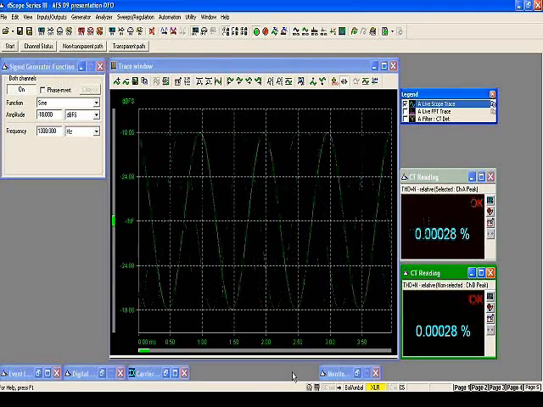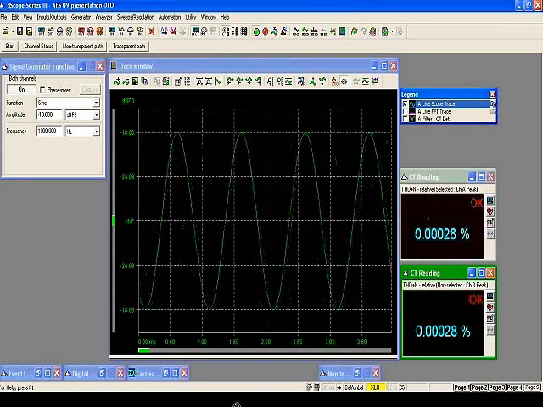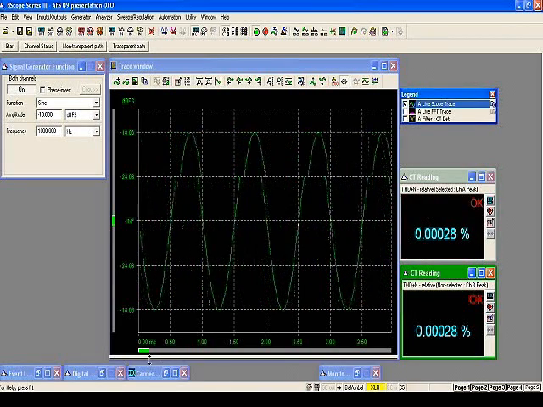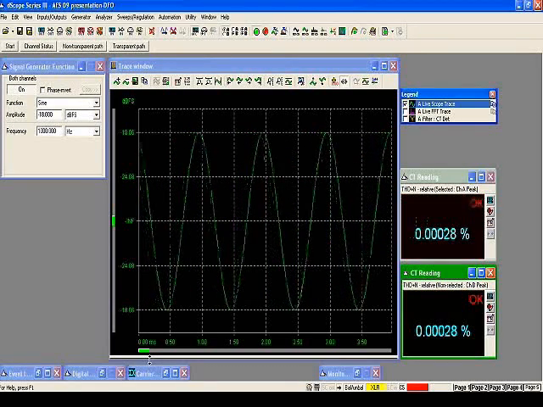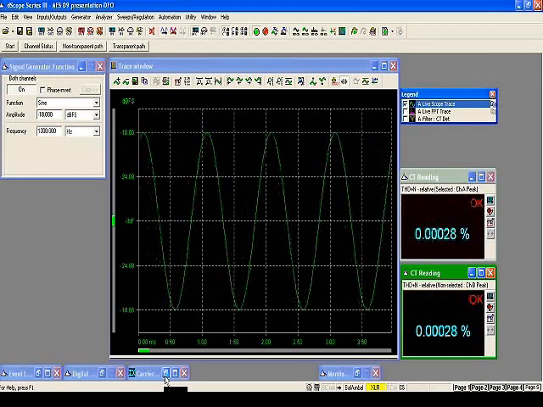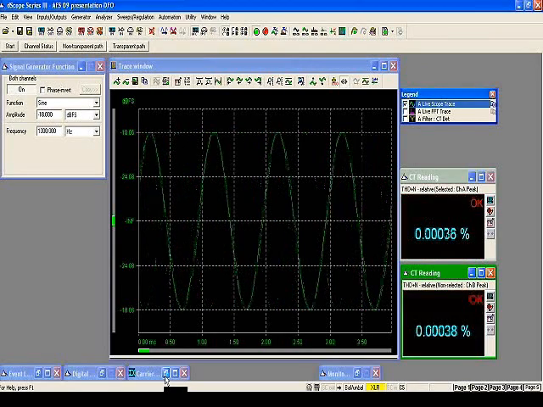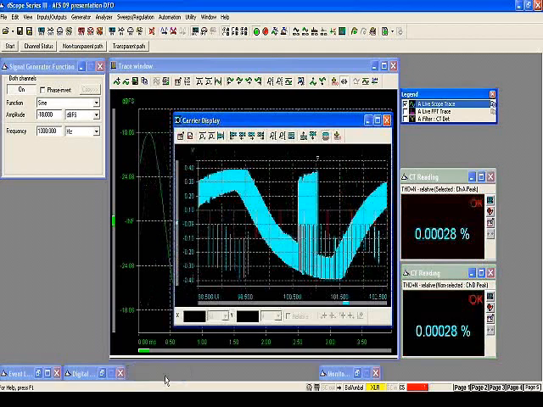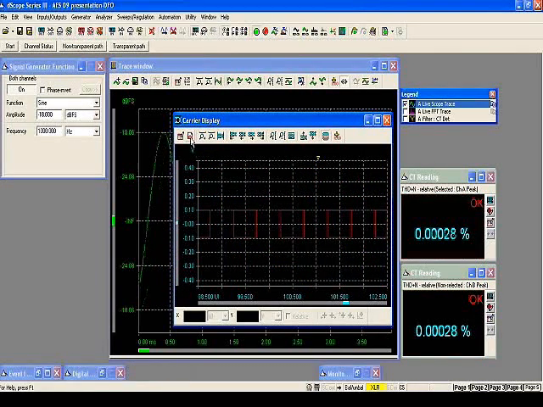We need other tools, and that's where the D-scope offers a number of other ways to take a look at the transmission path to determine whether there are problems. So I'm going to bring up something that we talked about earlier, the eye pattern.